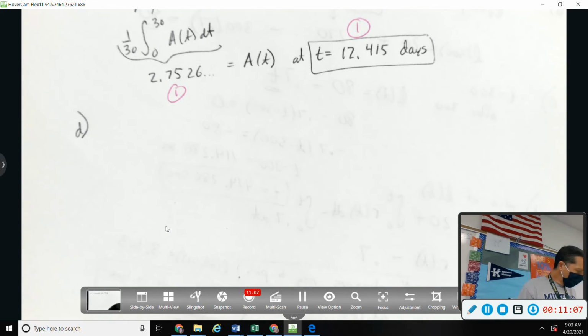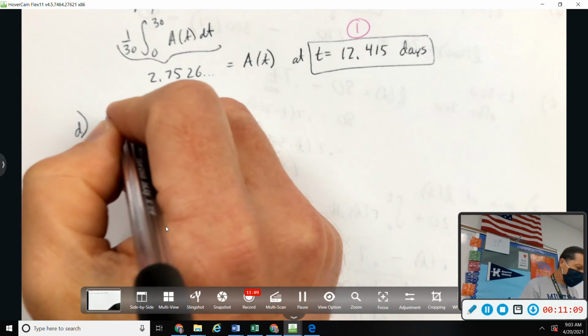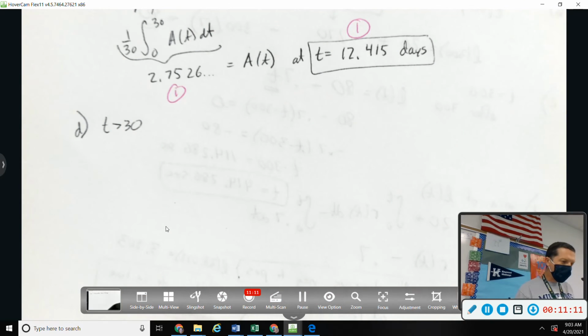For t greater than 30, we're not using that formula anymore. The linear approximation to a at t equals 30 is a better model for the amount of grass clippings remaining in the bin. Use L of t to predict the time at which there will be 0.5 pound of grass clippings remaining in the bin.